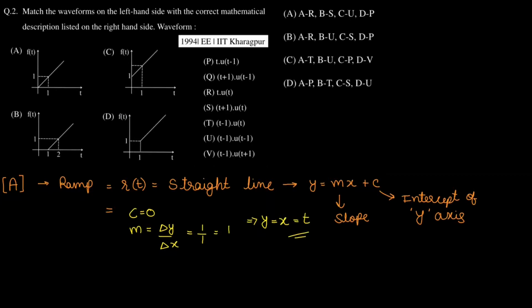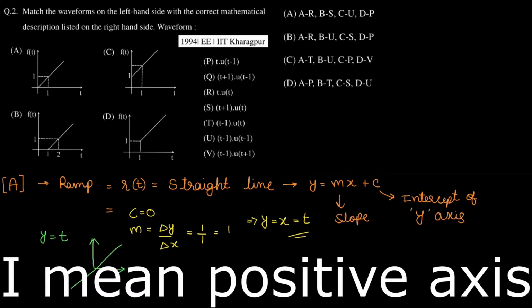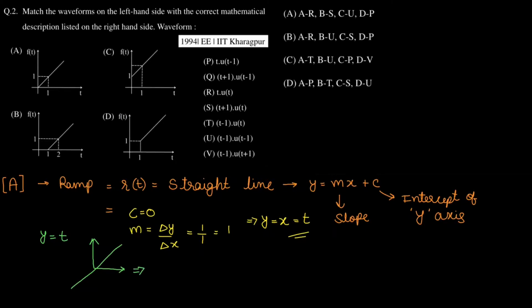But please make note that if y equals t, then that waveform will also pass through the negative axis, but here in the question there is no negative part, so in order to make this applicable only for the positive axis, we have to multiply it with u of t. That means our y should be t into u of t. That would make the graph as in A.